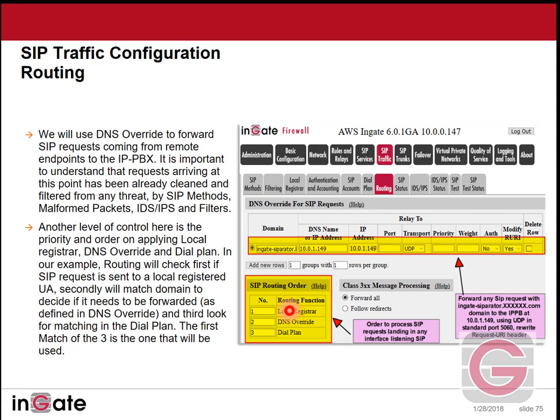So that means that if the Ingate gets a SIP request, the first thing that it's going to do is check if that request is being sent to some destination that is locally registered on the Ingate. If it is not, then it's going to check if there is any matching domain on the DNS override to decide what to do. And if it is not, then it will send the call to the dial plan to decide what to do with the call. Okay, so those are the main sections on this routing under SIP traffic.